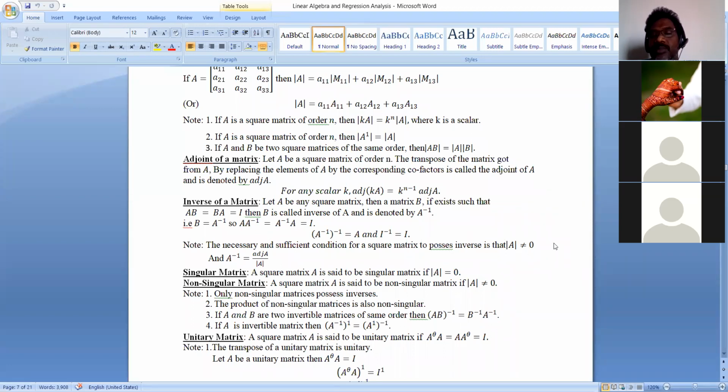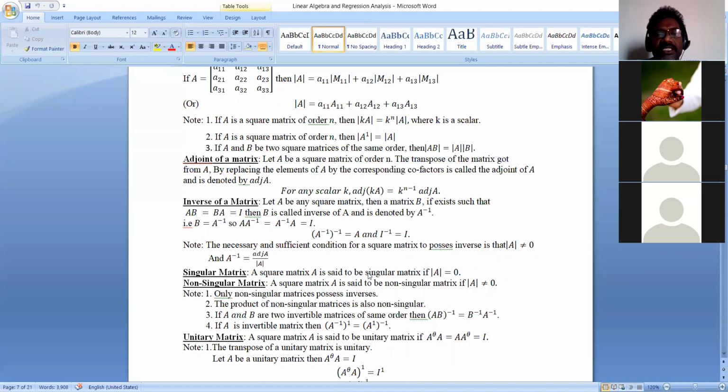Based on this, determinant of A is either equal to 0 or not equal to 0. We come across two types of matrices: singular matrix and non-singular matrix. If the determinant of a matrix is equal to 0, it is called a singular matrix, and a singular matrix has no inverse.